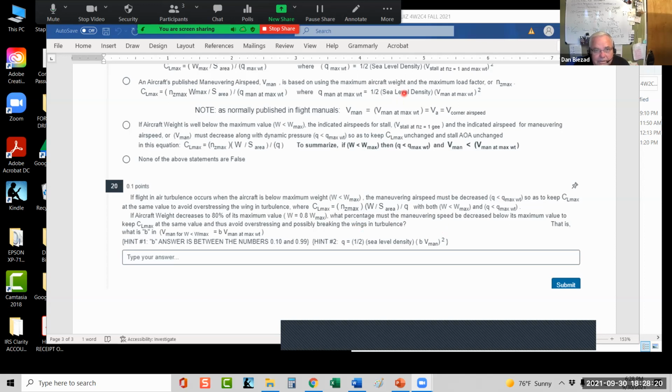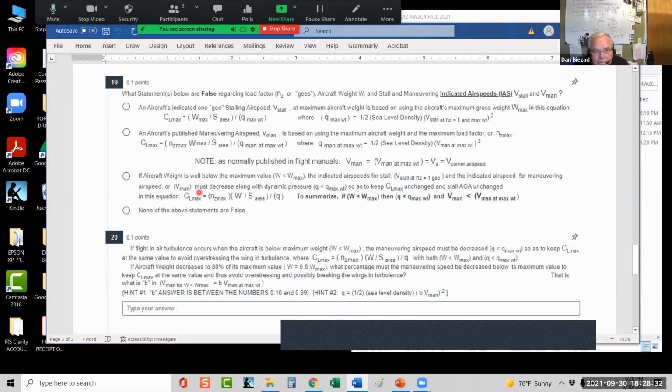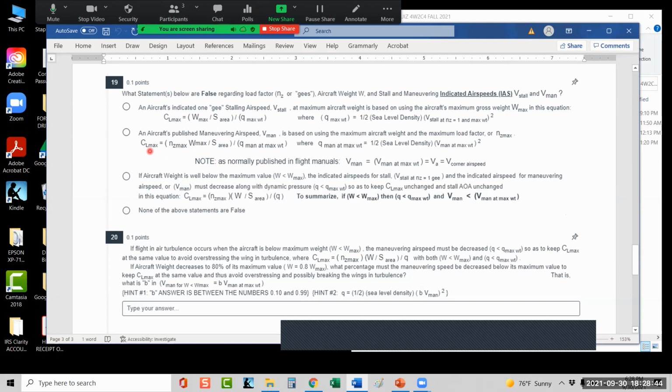You follow me? So here's the formula. We'll use this formula right here. We'll just say that's maneuvering speed, okay? So now W max has gone down to 0.8. I want to keep the same CL max so I don't overstress the airplane.